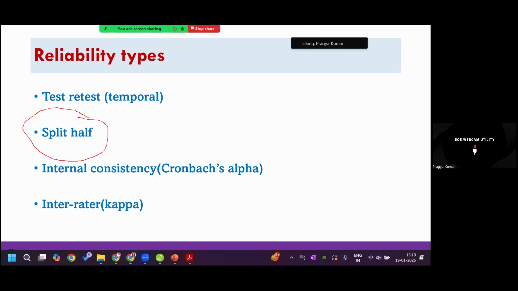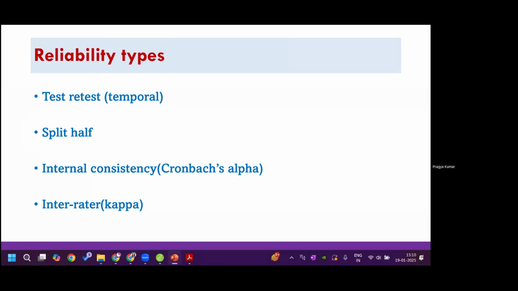This is just to see whether the participants got fatigued or not, or whether they were consistent till the end. So you measure the reliability between the first half and second half of the questionnaire. That is known as the split half reliability. So these are the 4 types of reliability which are done.